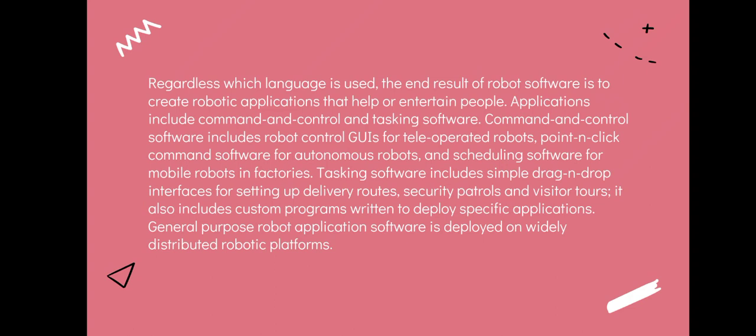Tasking software includes simple drag and drop interfaces for setting up delivery routes, security patrols, and visitor hours. It also includes custom programs written to deploy specific applications. General purpose robot application software is developed on widely distributed robotic platforms.